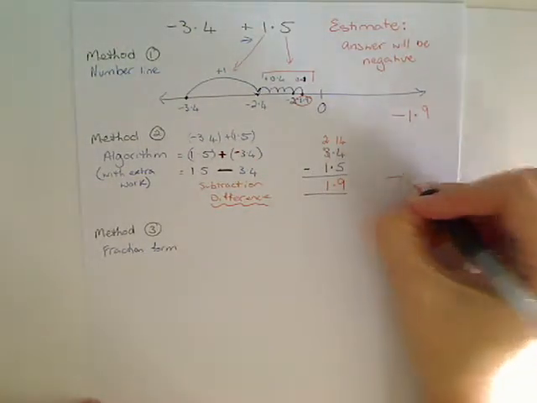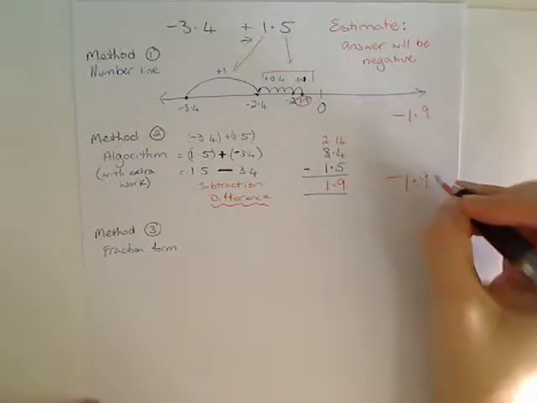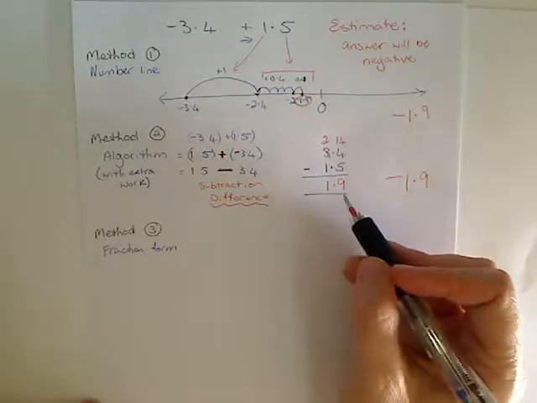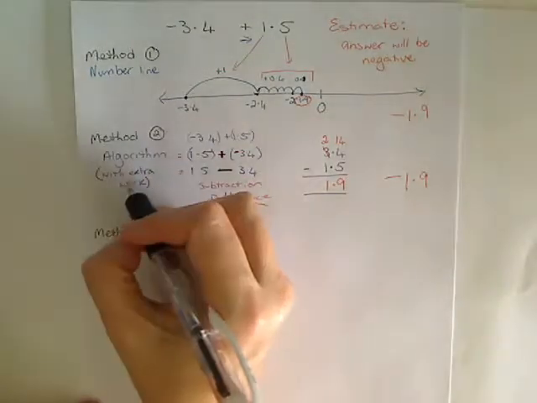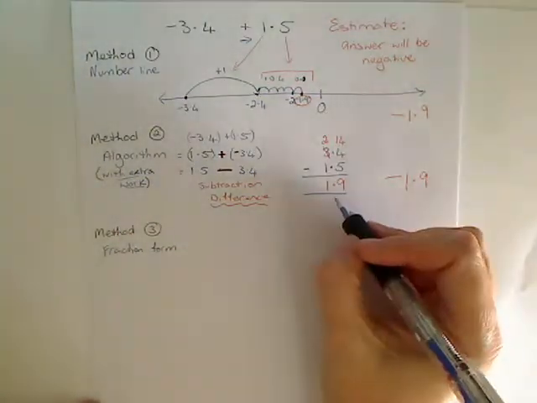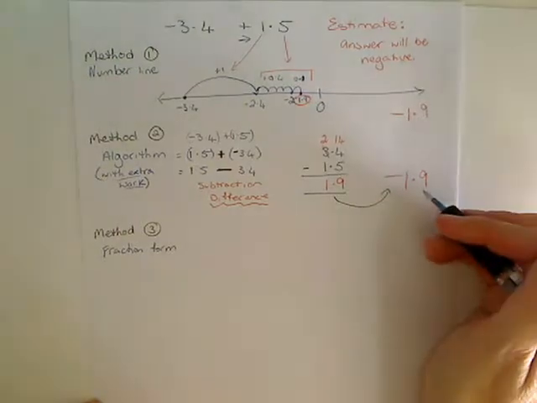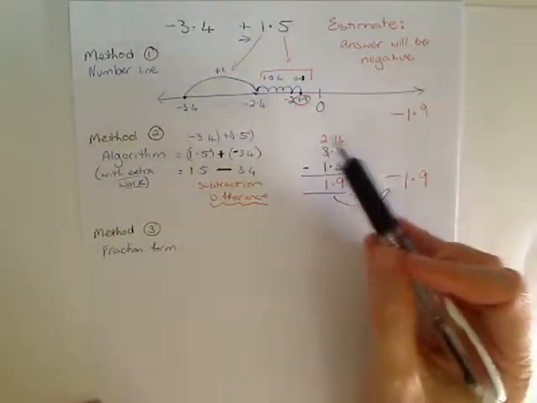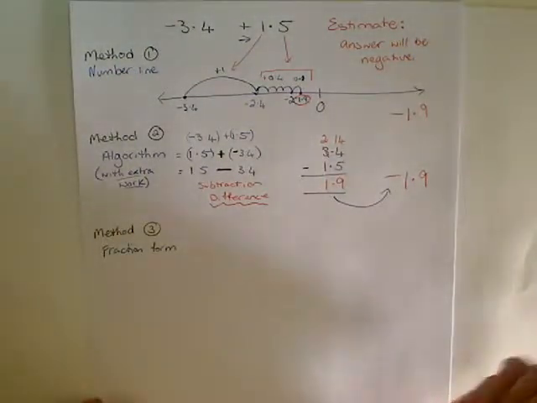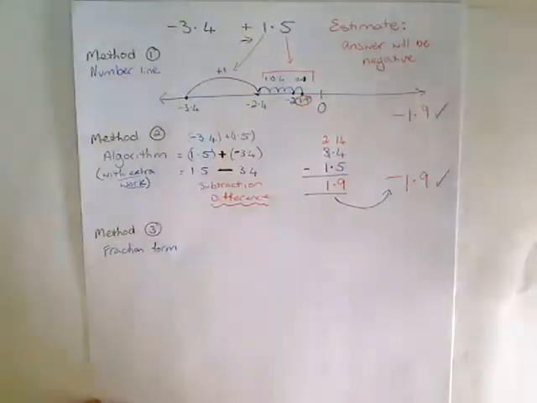So our answer must be negative. So even though the algorithm doesn't show that, the extra thinking that we have is actually going to add in that we're aware that the answer is negative, even though the algorithm was not able to produce that. And that certainly agrees with our number line.